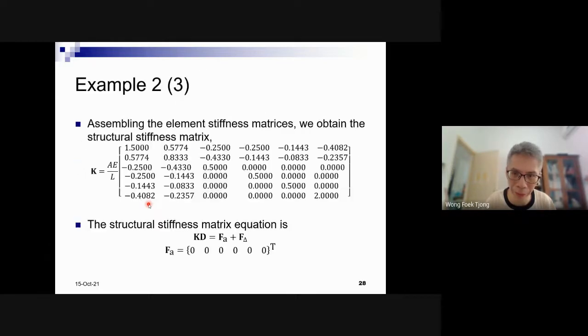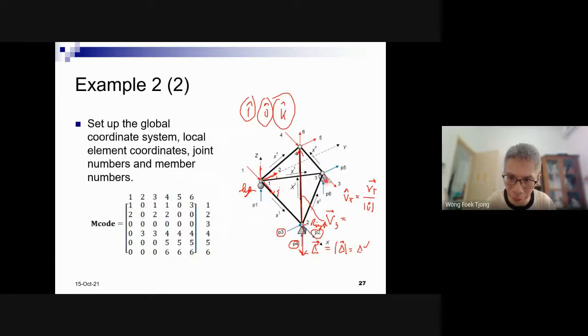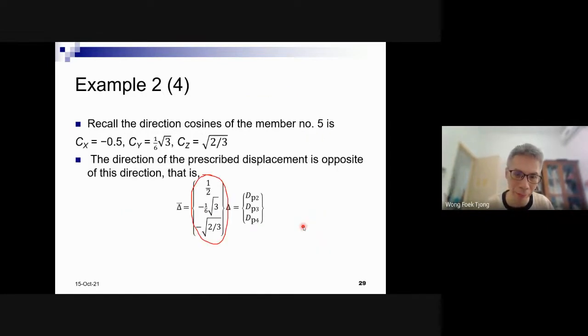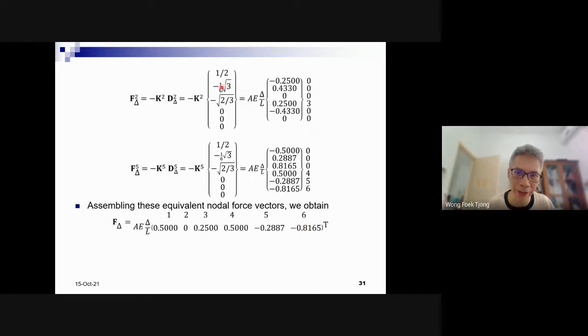Because element number 2 is connected to number 1 already. But for number 2, it is at the left end, in the beginning of this vector, not in the end. So for element number 2, it should be like this. Copy to this one. Oh, I missed something. This should be delta, right? We have delta here. Sorry, better I fix it now.